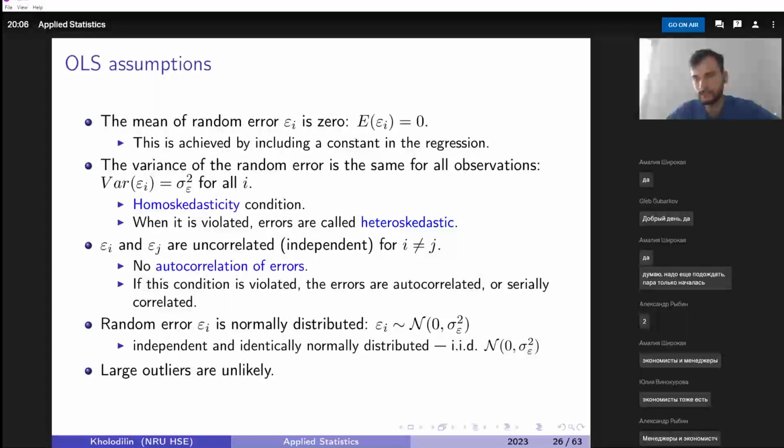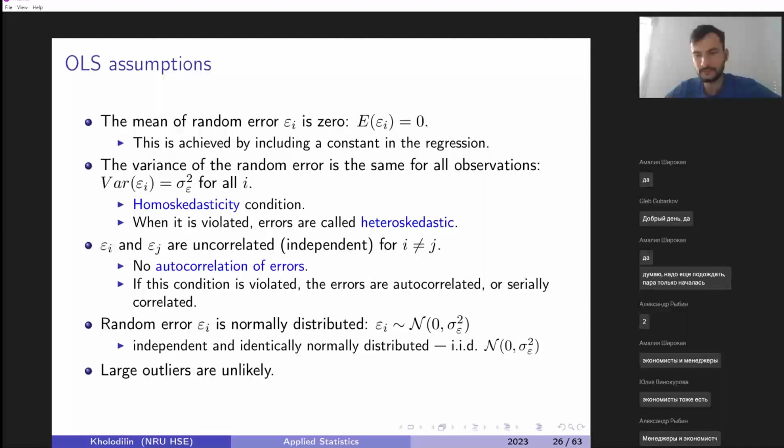Function, if you remember or not from the previous lecture.